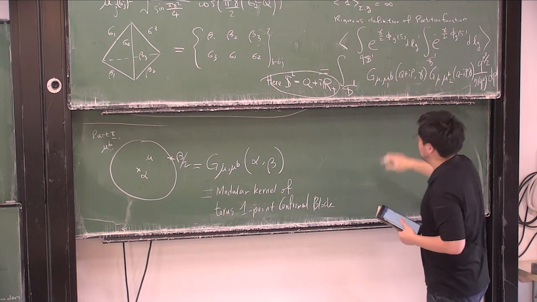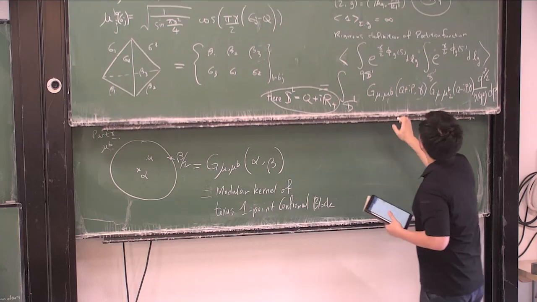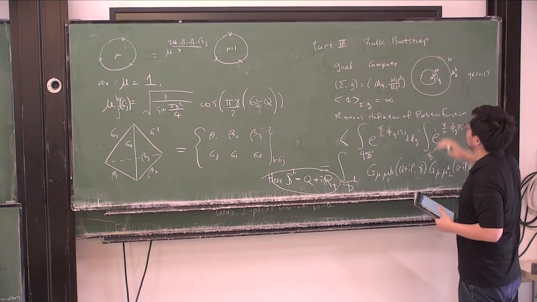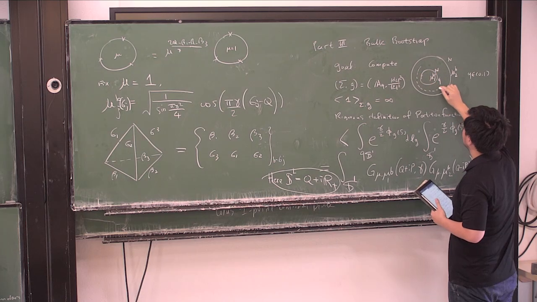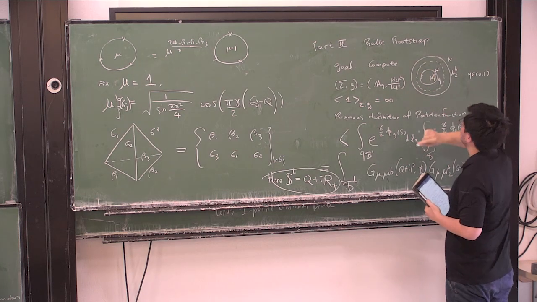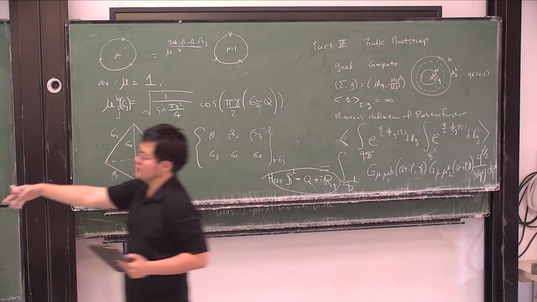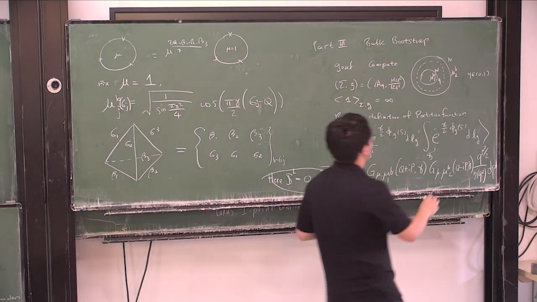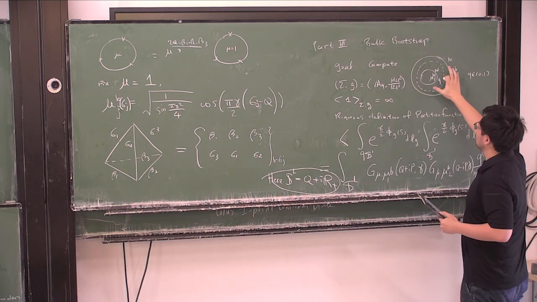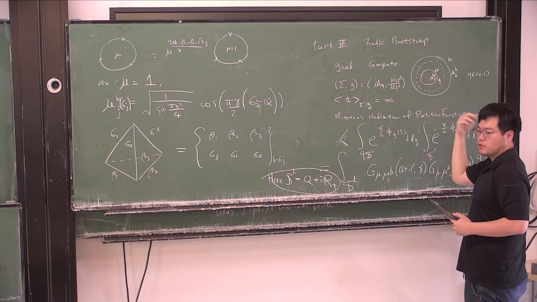Here in this case, since we have an annulus, and I do the Segal cutting along some circle, I use the bulk bootstrap. I do a cutting here. Then this annulus is separated into two annuli.